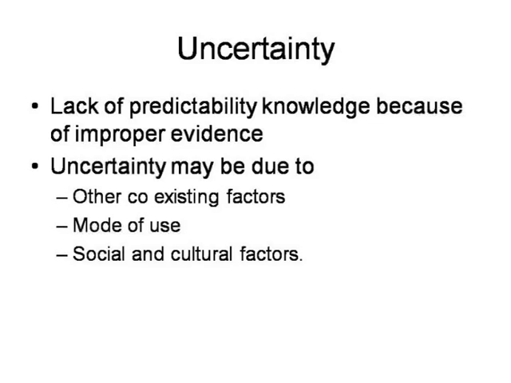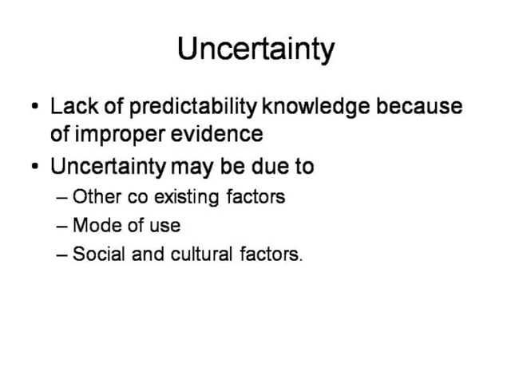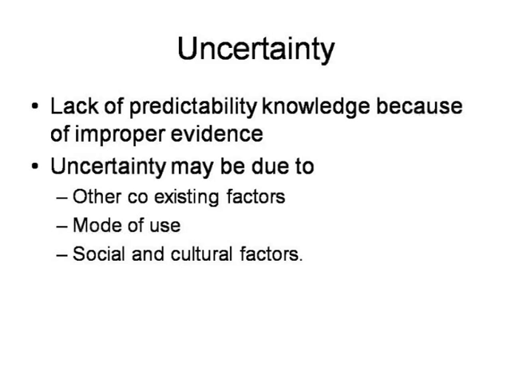Now there is something called uncertainty. Everything in life is uncertain because we cannot be predictable. Knowledge is improper or there is improper evidence. And uncertainty may be due to other factors, such as the way they use things, and social and cultural factors. A classical example is the protection offered by condoms against HIV.